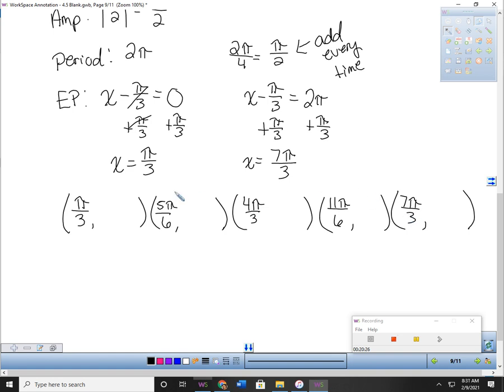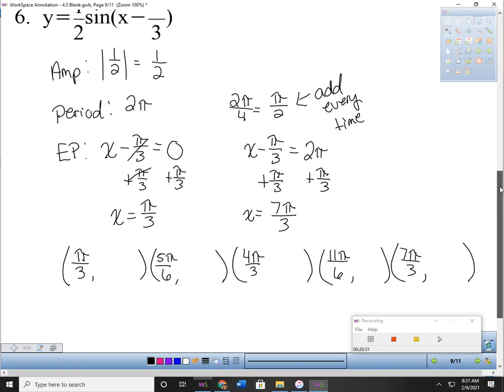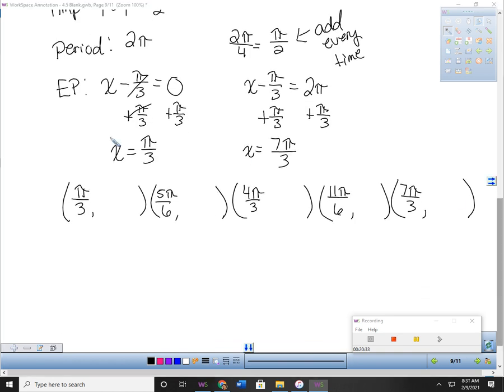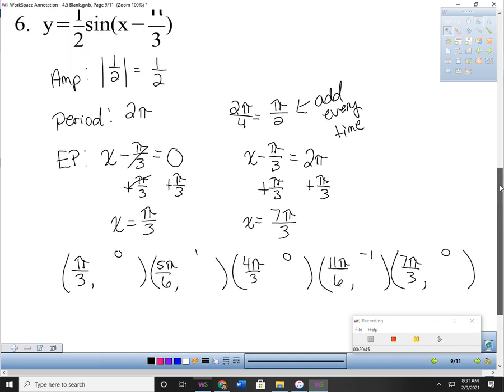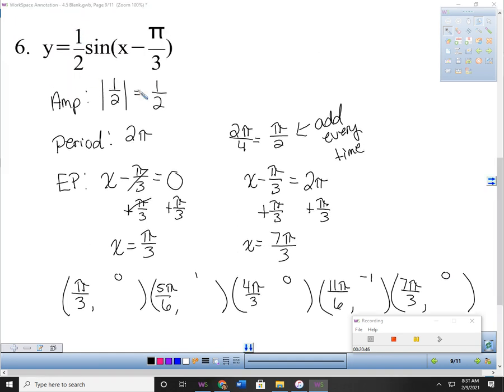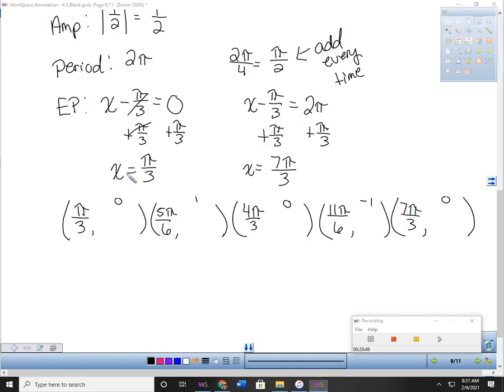Okay? So with your sine, we're in sine, so we are normally at 0, and then we go up to 1, back to 0, down to -1, back to 0. But if you notice, I multiplied that equation by 1/2. So you need to take and multiply all of these numbers by 1/2.